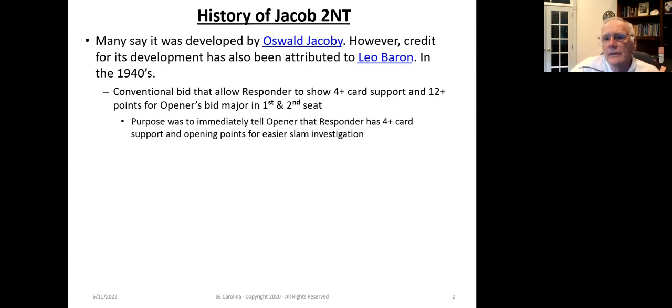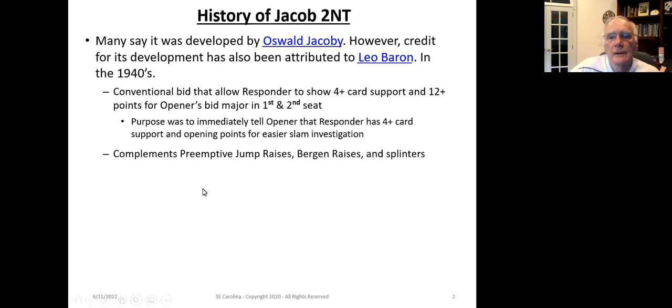What this does is allow the responder to immediately tell the opener that he has 4+ support and opening points, and makes for easier slam investigation. Jacoby two-no trump also complements jump raises, Bergen raises, and splinters.